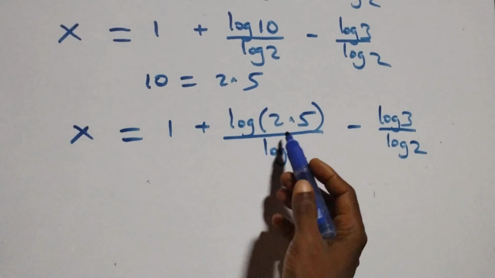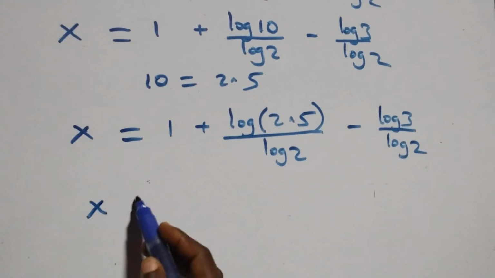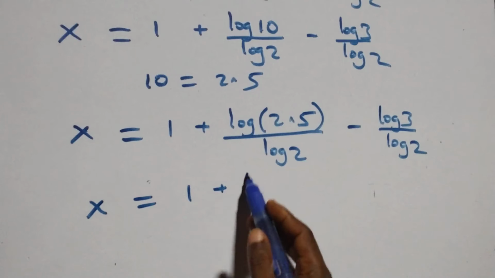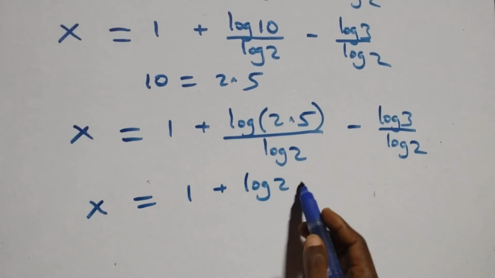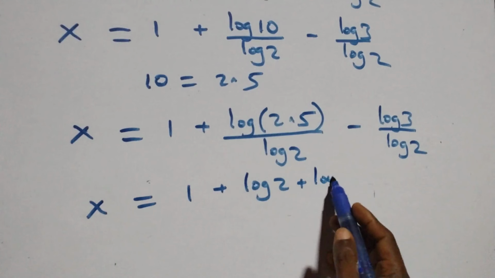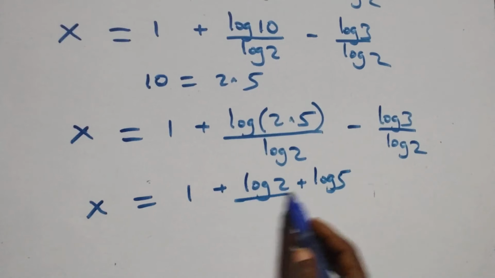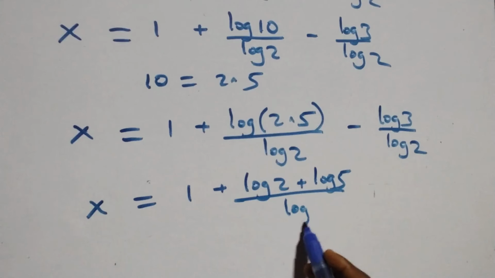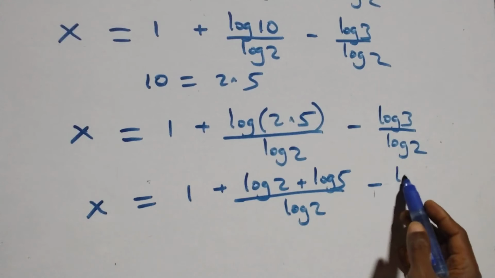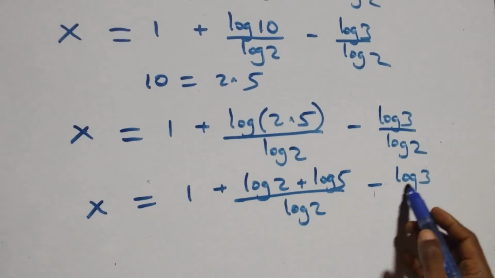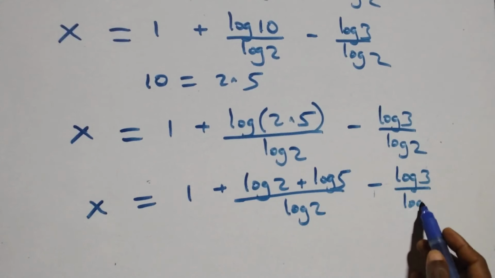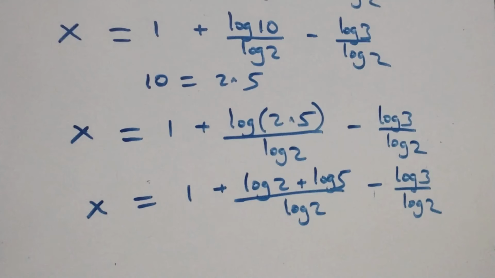Then this also follows the law of logarithm, and we have x equals to 1 plus log 2 plus log 5 over log 2 minus log 3 over log 2.